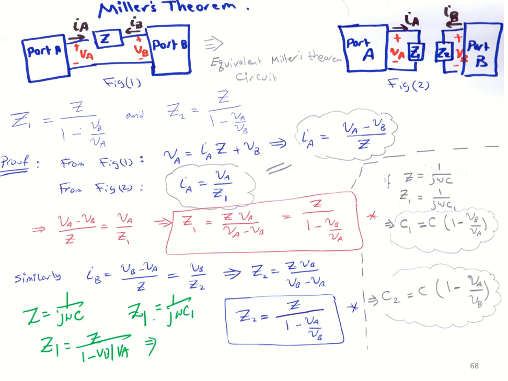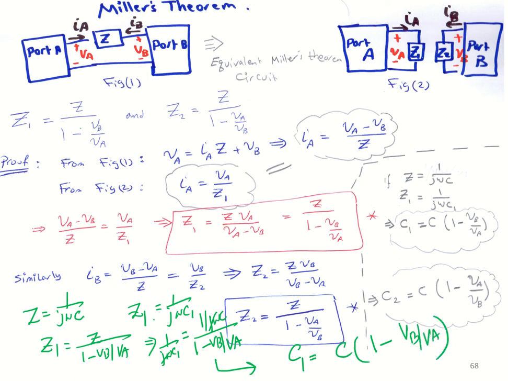So 1 over j omega C1 equals 1 over j omega C divided by 1 minus VB over VA. The j omega will be cancelled, and after some rearrangement we get C1 equal to C times 1 minus VB over VA.